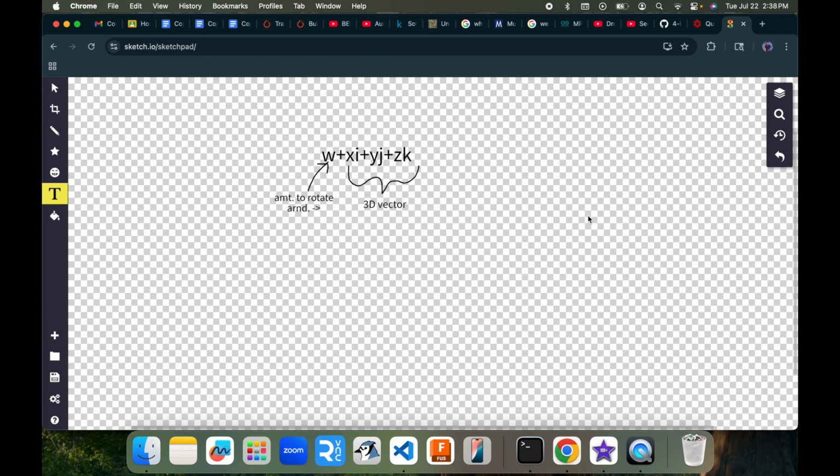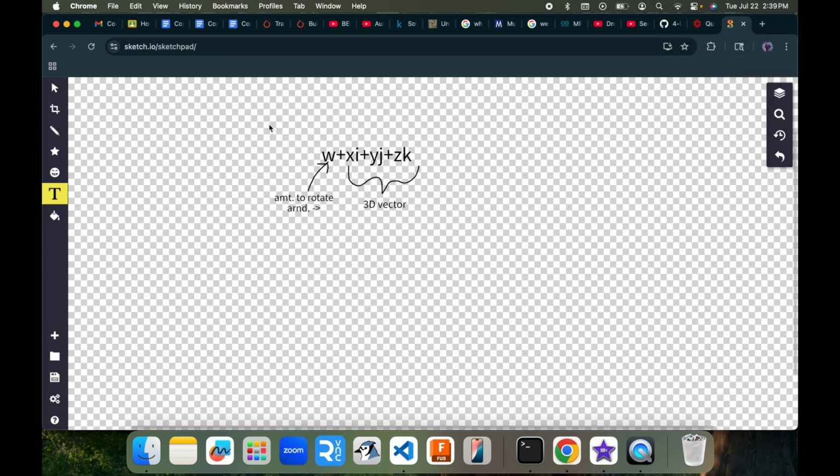So that's essentially how they are represented, kind of. But yeah, that makes it more easier to understand for me. Where i corresponds to the rotation around the x-axis, and j to the y, and k to the z.